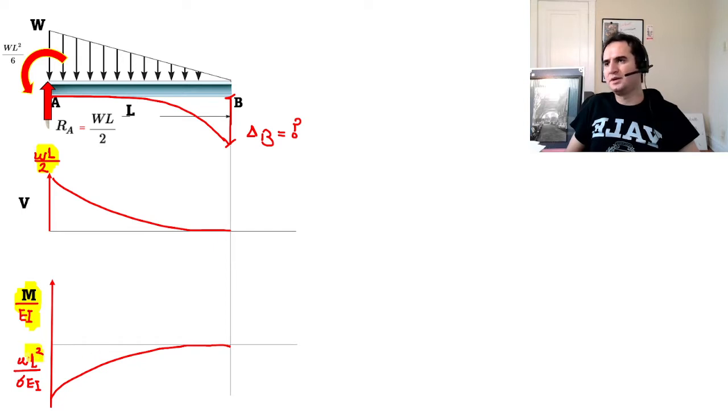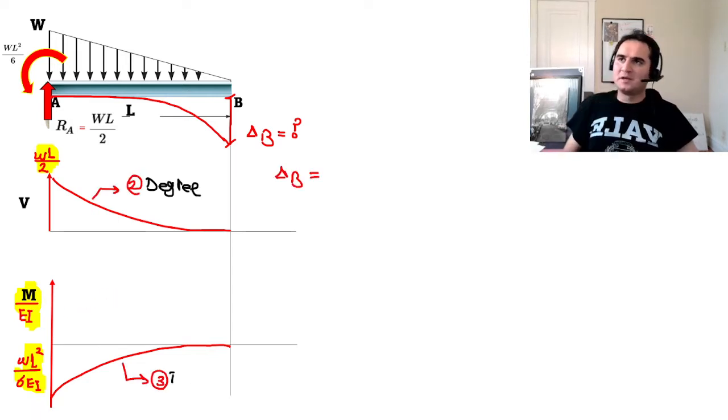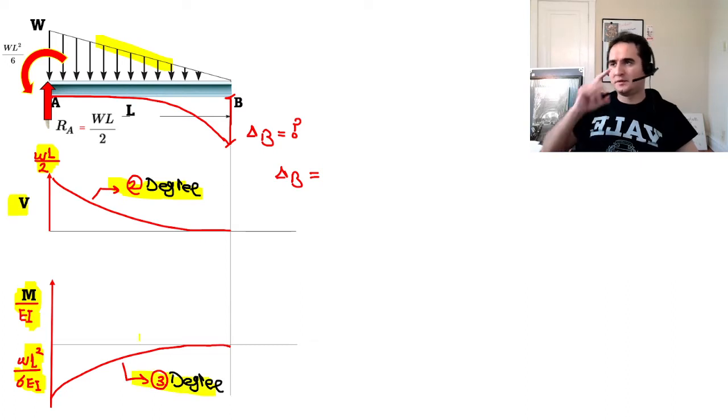That's WL squared over 6EI, the height of the M over EI diagram. Shear is second degree, and M over EI is a third degree curve.